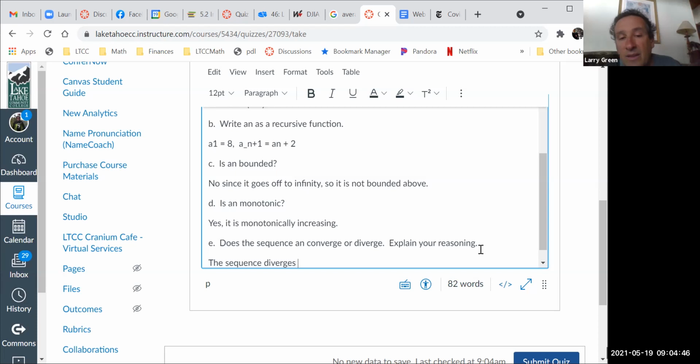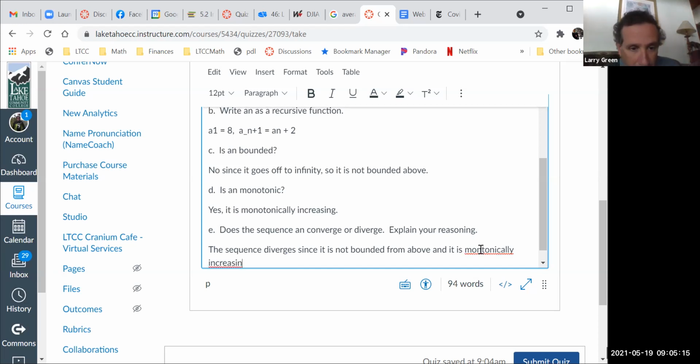Right, and it diverges because it's not bounded and it's monotonically increasing. So that makes it diverge. So since it is not bounded from above and it is monotonically increasing. Okay, and any questions on that idea?